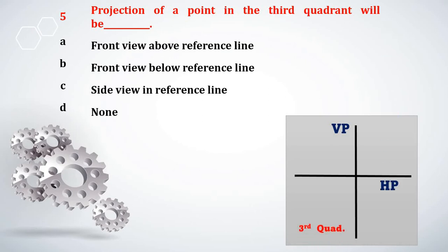If we draw it for the third quadrant, and consider point A lying in the third quadrant, drawing its projections, we will obtain the front view on VP and the top view on HP. So, as the options are asked with reference to the front view, option B is the correct answer, that is, front view below reference line.